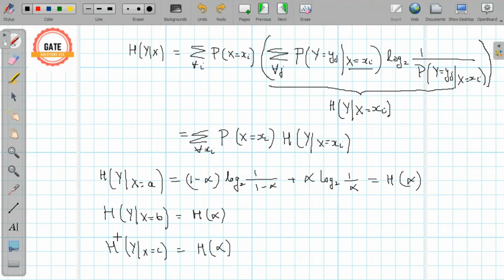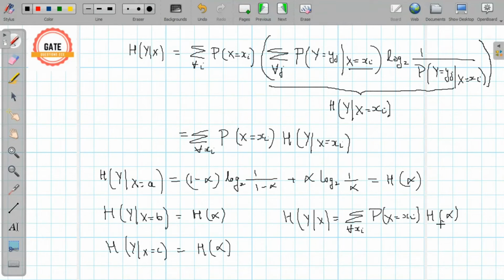Now, putting these values of entropy in this expression, we can calculate H of Y given X for our given problem. It will be equal to the summation over all values of input xi of probability X is equal to xi times H of alpha. Now note carefully that H of alpha is independent of input probabilities.